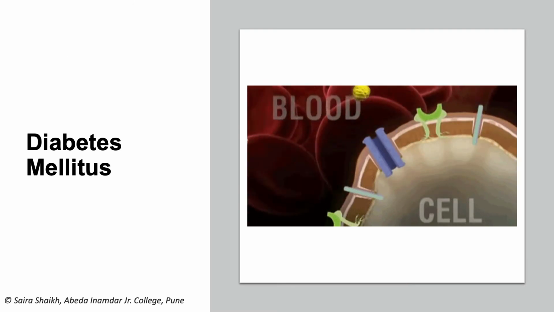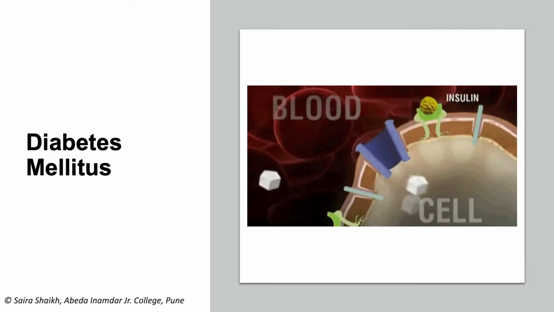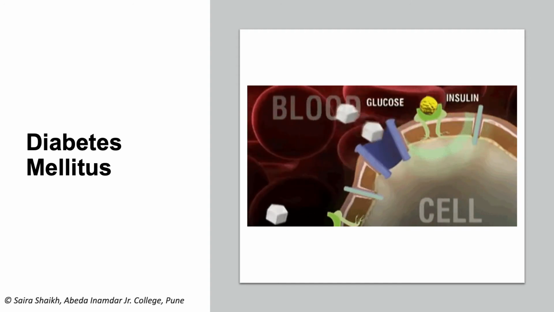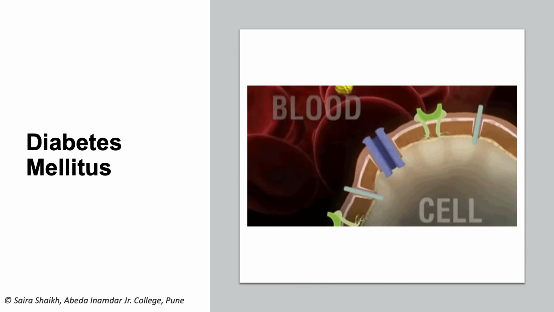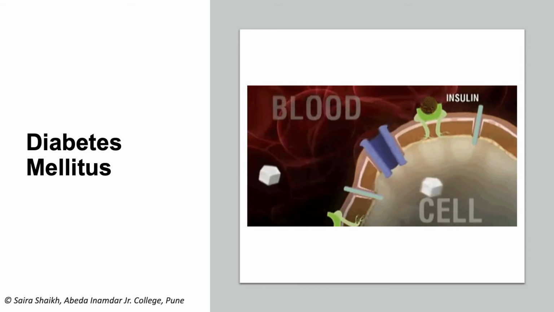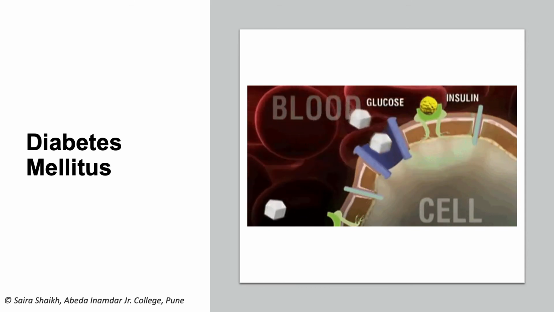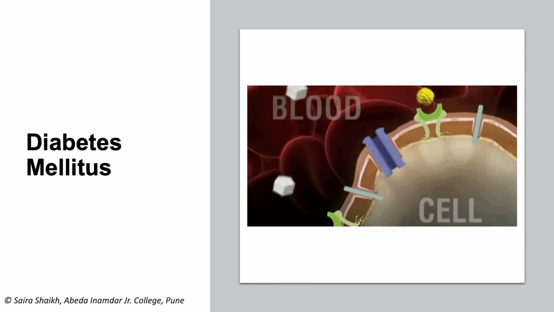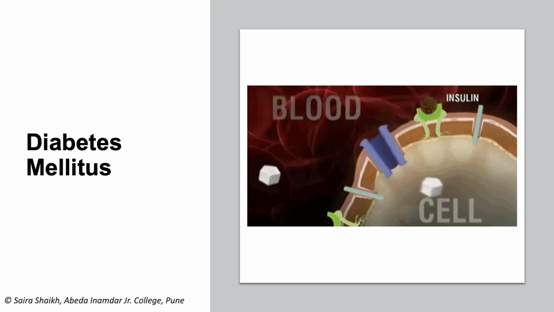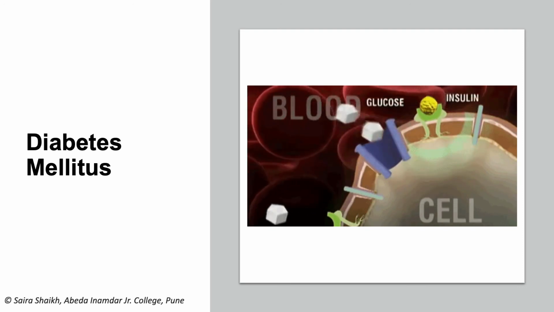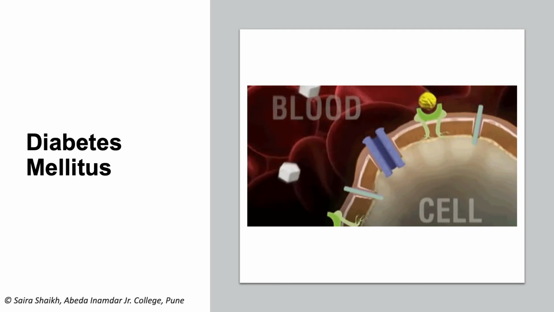Diabetes mellitus is the condition formed when the beta cells fail to secrete the hormone insulin or they secrete an insufficient quantity of insulin. In the diabetes mellitus condition, the insulin hormone present in the blood is very less.